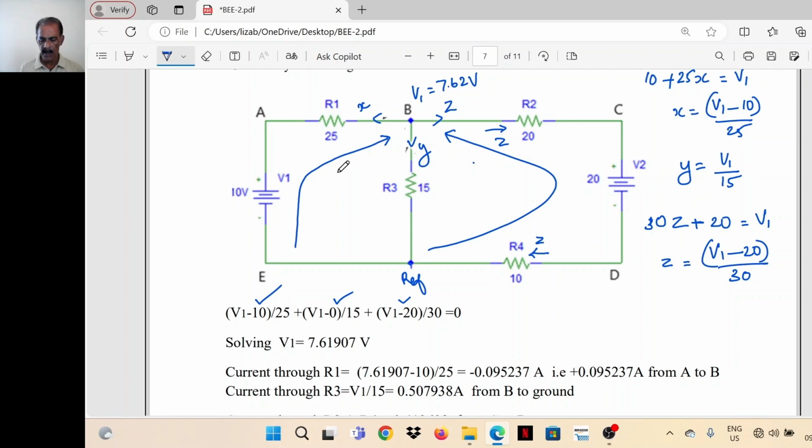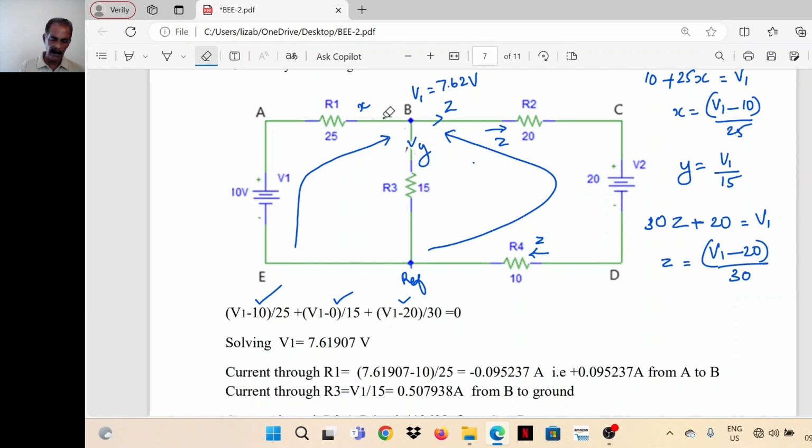You will get minus 0.09523. So the assumed direction is not correct. It is in the opposite direction. The magnitude of the current is 0.095237 from A to B.